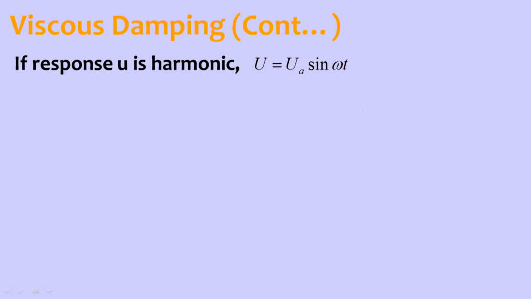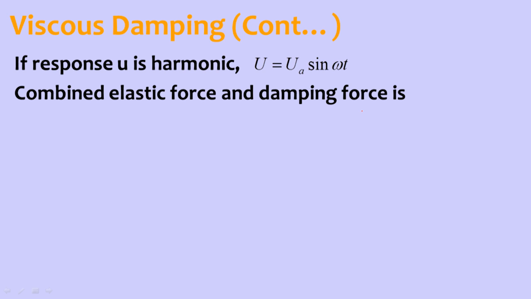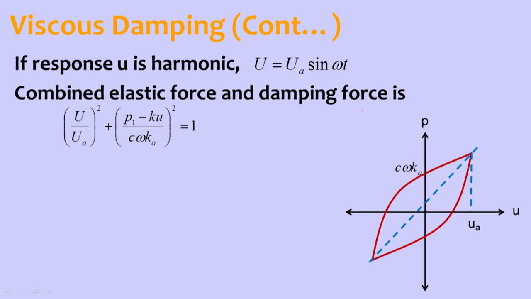If the response u is harmonic, the combined elastic force and damping force is given as (u/ua)² + ((p1 − ku)/(cωua))² = 1. That represents this elliptical form on a shifted, translated axis.